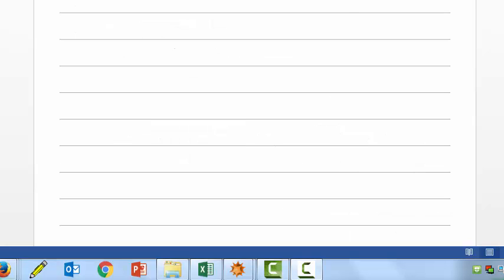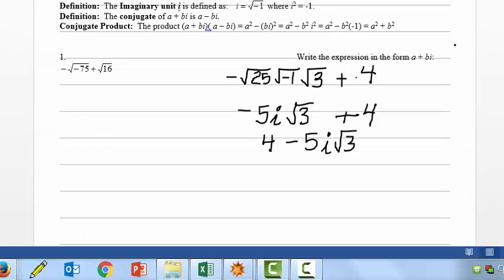Okay, here we have a product of conjugates. And we saw on the first page that a minus bi times a plus bi always equals a squared plus b squared.